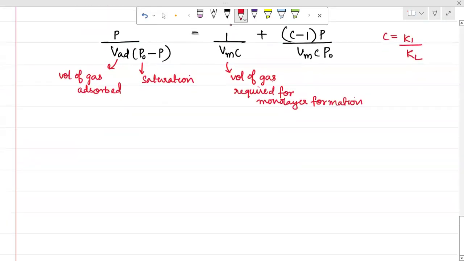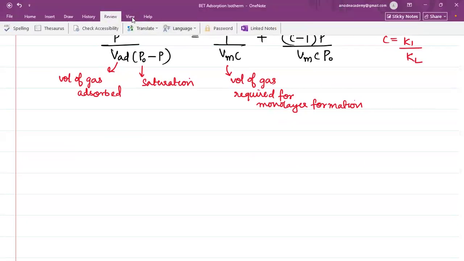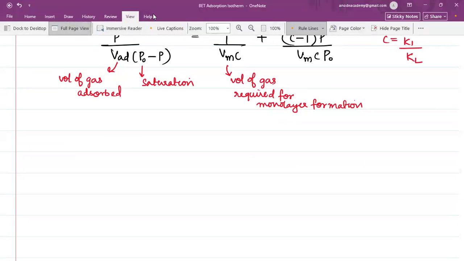Okay. So this equation is important. Why? Because you get graphical questions from here as well as conceptual questions.